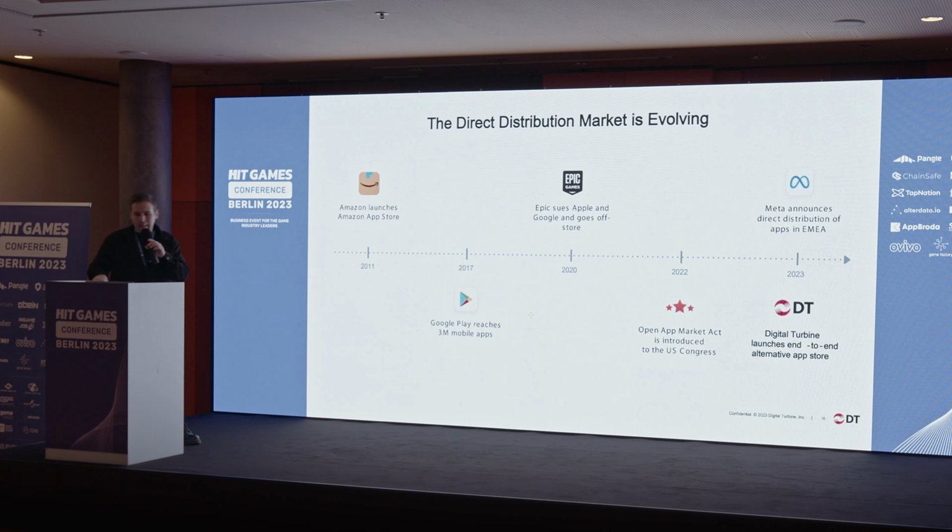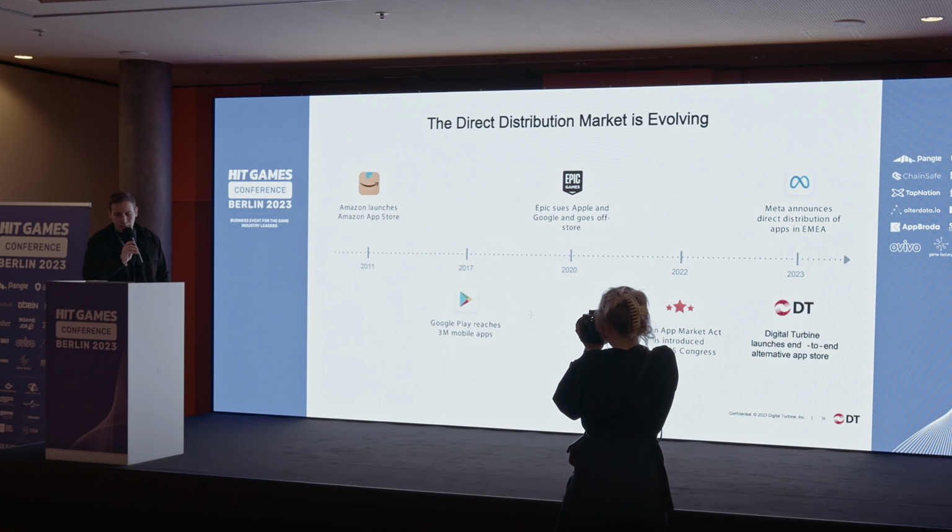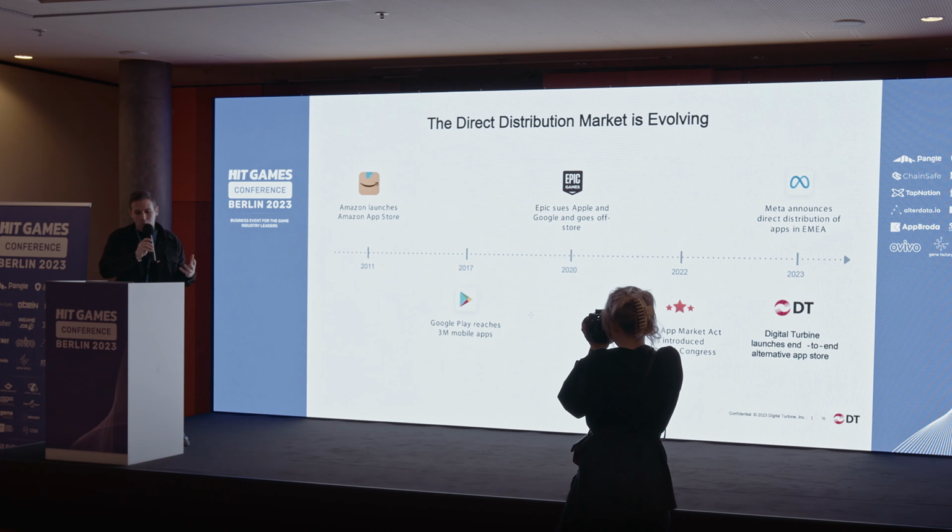If we look at the last decade, the market is going towards more direct distribution solutions for publishers. This timeline and evolution represents the development of app stores and the direct distribution market. Users were being forced to an app store, downloading only from a single store, and that actually started to split.